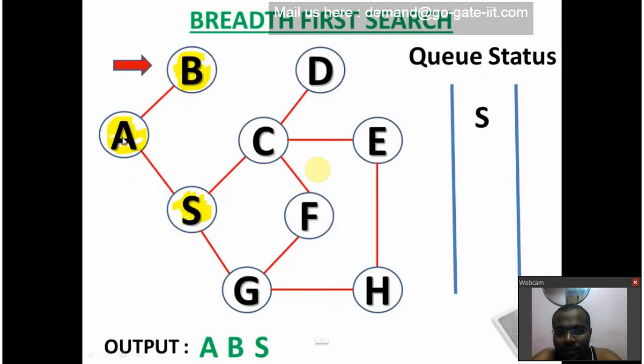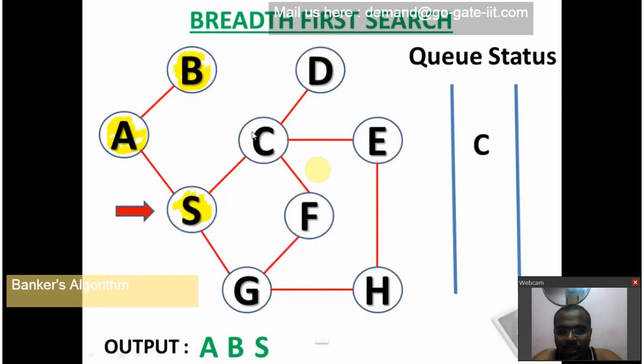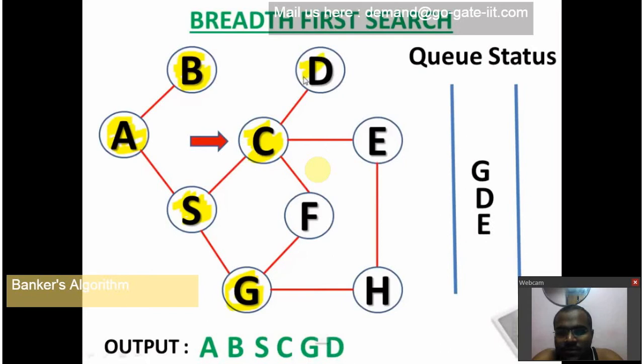That's like dequeuing B, and then you come to S, and you can dequeue S, and you can see that S has C and G. So you enqueue C and G, and for C, the top of the queue, which shows you what is the successor, is D. So you can pop out C, and you can insert D, E, and F. Good.